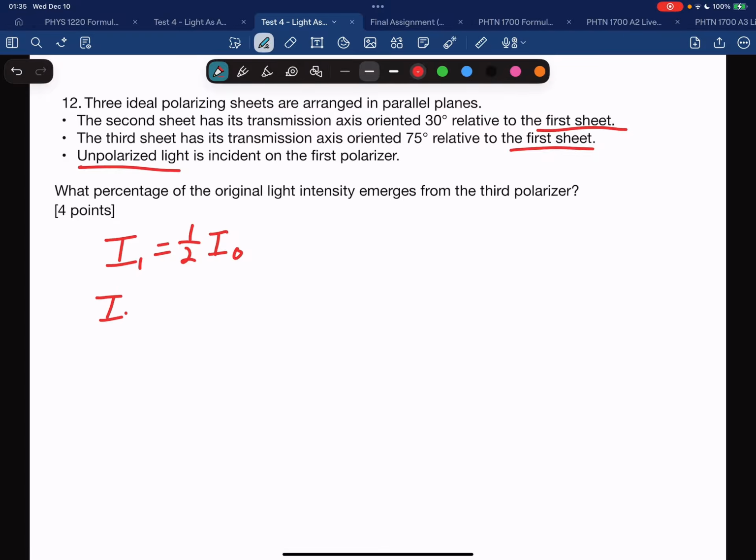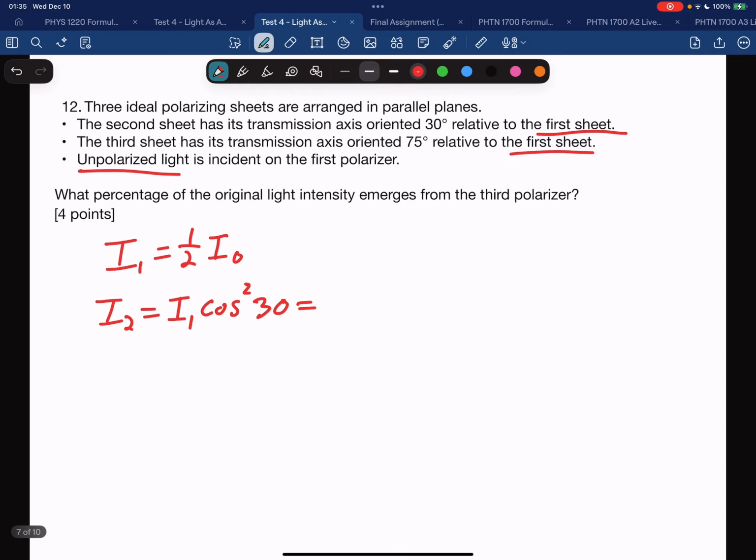I2, the amount of light making it through the second filter, will be equal to the amount of light that goes into it multiplied by the cosine squared of the angle theta, in this case 30 degrees, between the transmission axis and the axis of polarization, or in this case, just the angle between the first sheet and the second sheet.